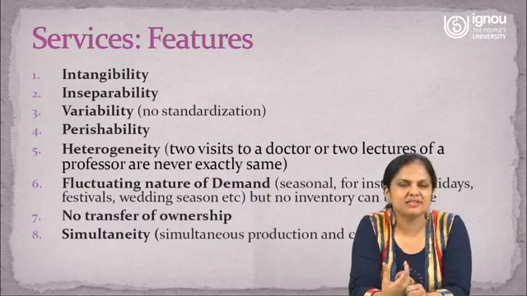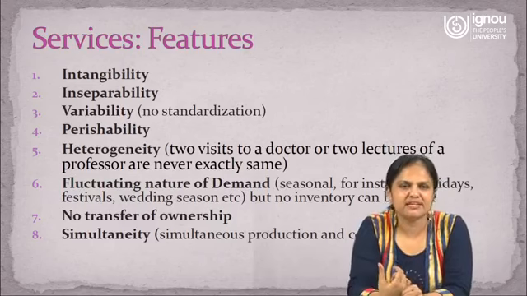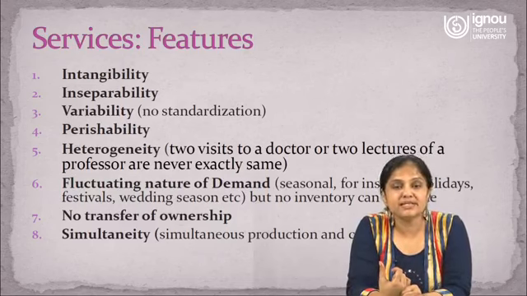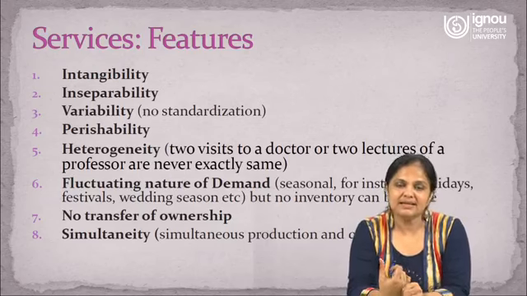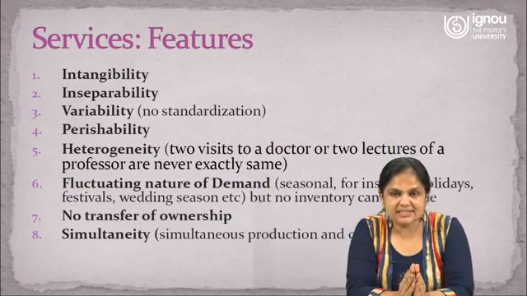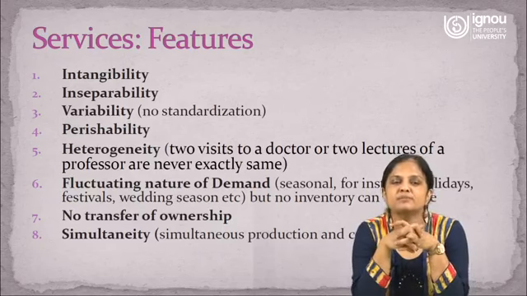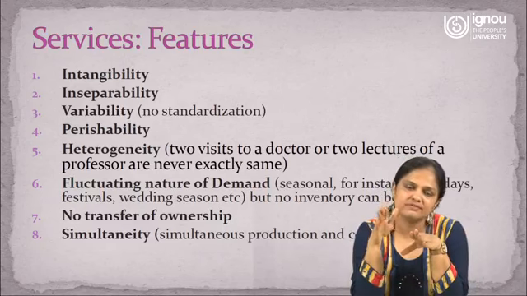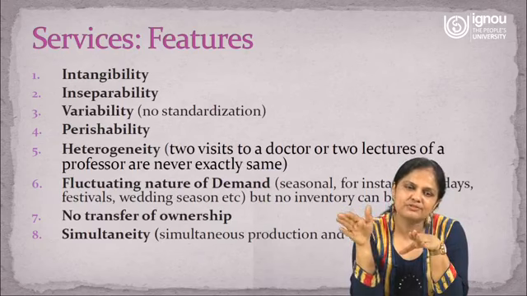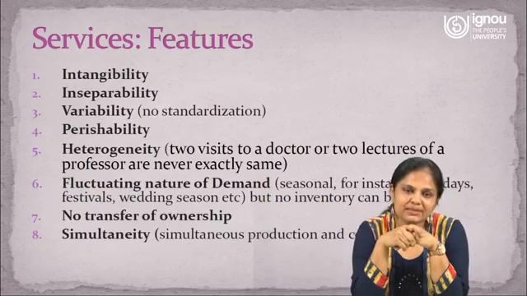Then again, heterogeneity, it resembles the variability. It has fluctuating nature of demand, like with different season, or maybe for instance in holidays, you see the demand for certain commodities, they increase, and in the rest of the season they won't have that much in demand, right?